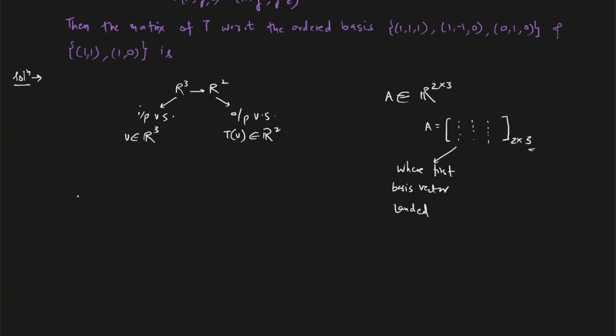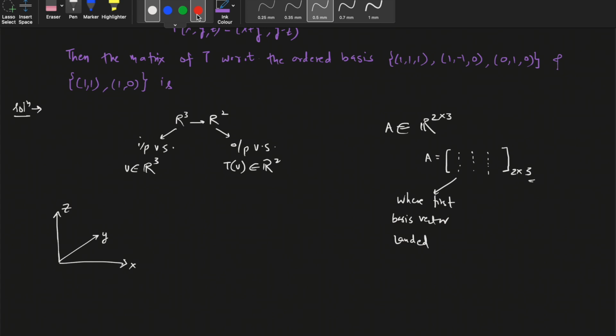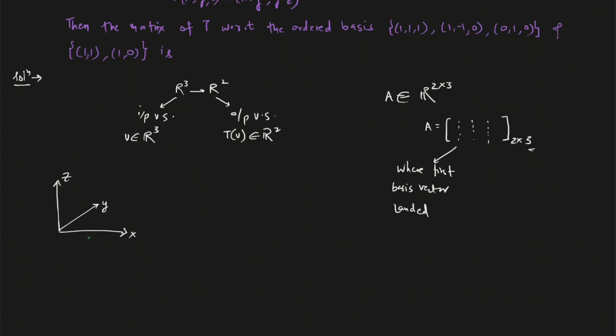For example, this is the x-axis, this is the y-axis, and this is the z-axis. We know our standard basis set for R3 is i hat, j hat, and k hat.